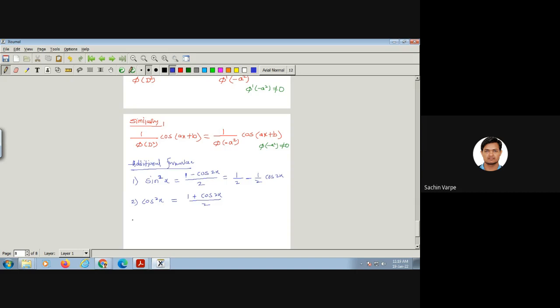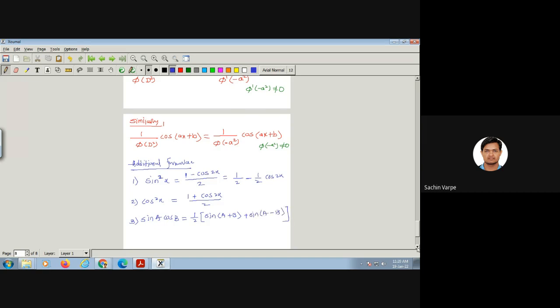If there is a product of sine and cos or sine and sine, like sine a cos b, what is the formula for sine a cos b? It is half of, or 2 sine a cos b is sine of a plus b, plus sine of a minus b.